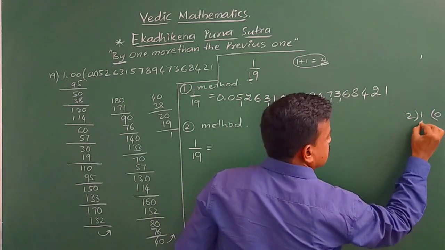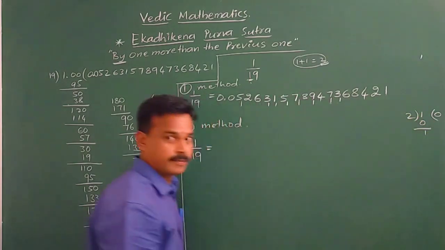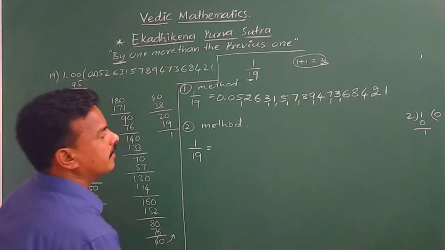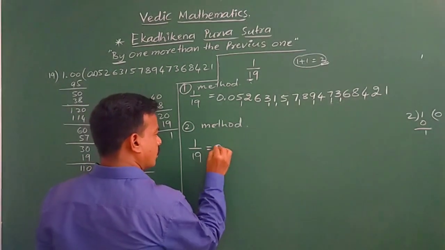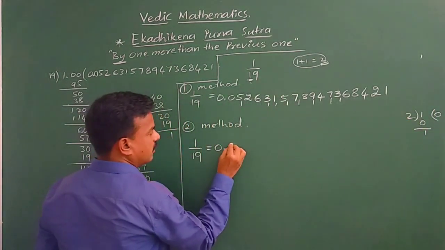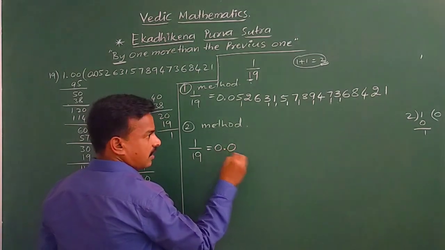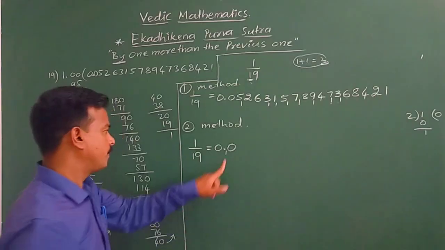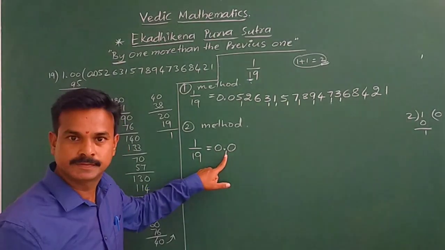2 0s are 0 and 1 remainder. So you keep here 0 point, and this quotient you write here, 0, and this remainder you write as the prefix for this 0. This 0 prefix.